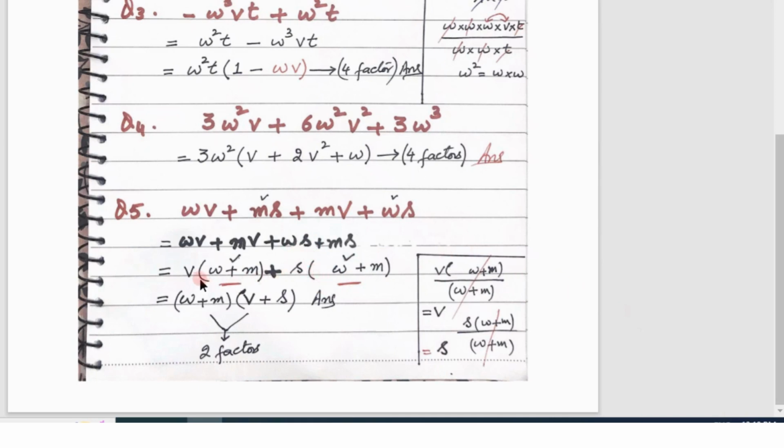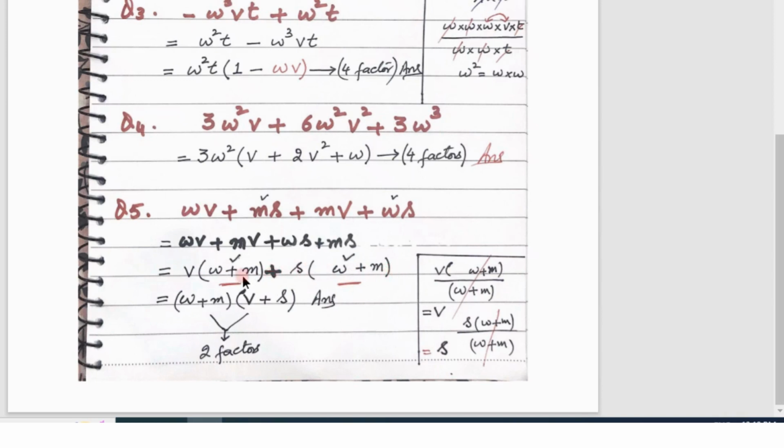Now look at all these terms. Plus sign is dividing the expression into two terms. Still we are not in the form that we can write down the answer finally. In this step, we are still simplifying because this is not the answer.